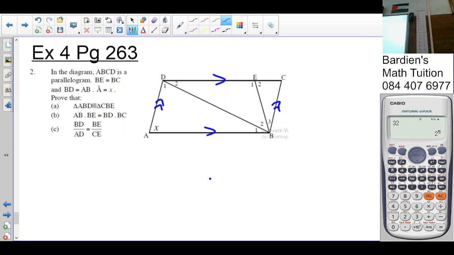So that's one. There are 4 properties. Angle A is equal to angle C. The whole of angle D is equal to the whole of angle B. Opposite sides are equal. And one that is not applicable here: diagonals bisect each other. So those are the 4 properties of a parallelogram.